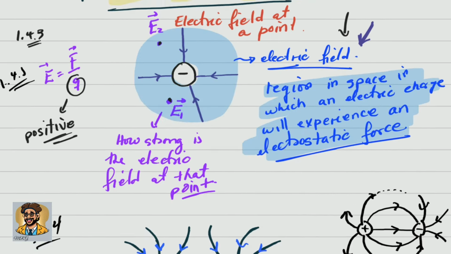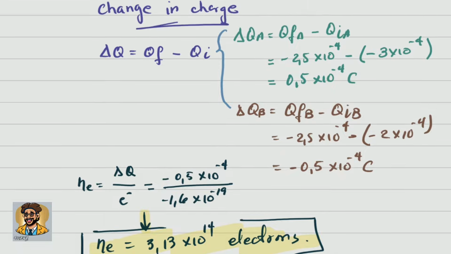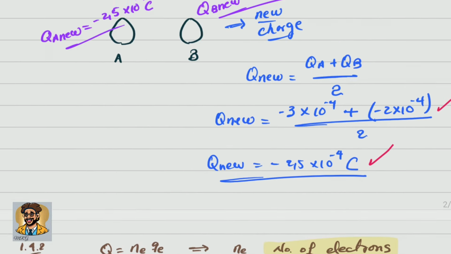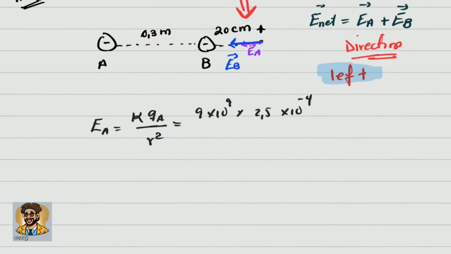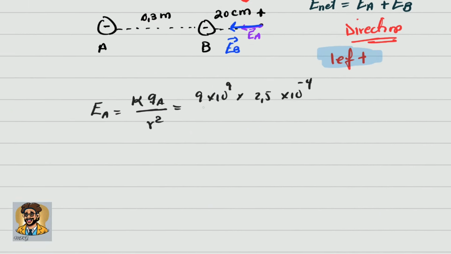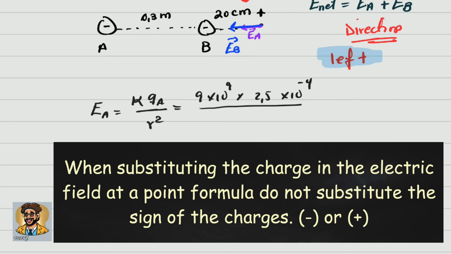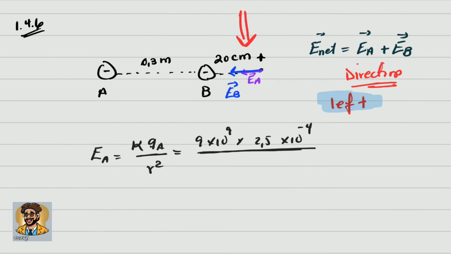Remember, the new charge was calculated here, negative 2,5 times 10 to the minus 4. However, in this formula, you are not going to substitute the signs. Make sure you take note, it is important. Now, the distance from A to the point, note, is from here to there.